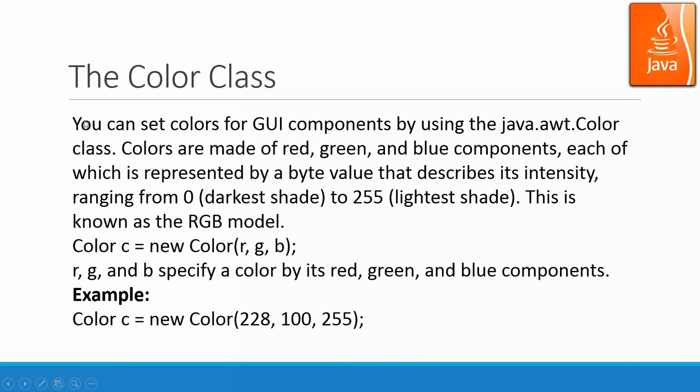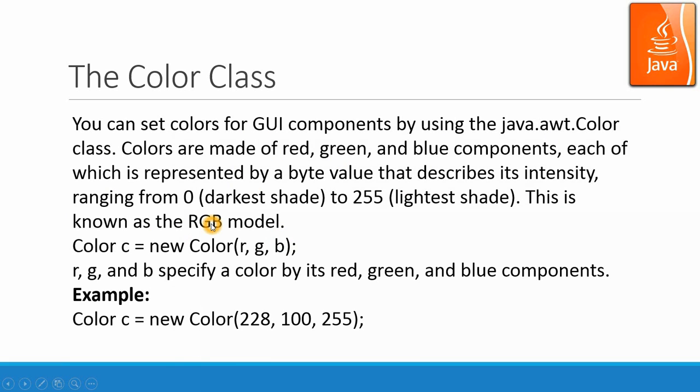The Color class. You can set colors for GUI components by using the java.awt.Color class. Colors are made of red, green, and blue components, each of which is represented by a byte value that describes its intensity, ranging from 0 to 255. This is known as the RGB model.